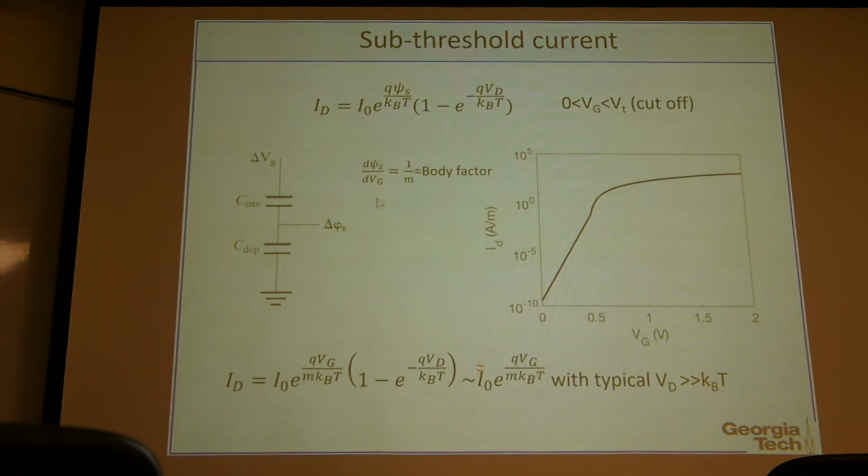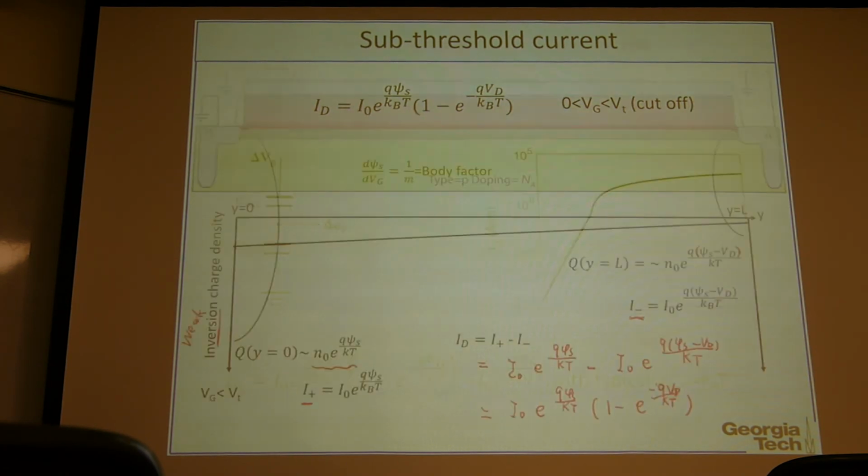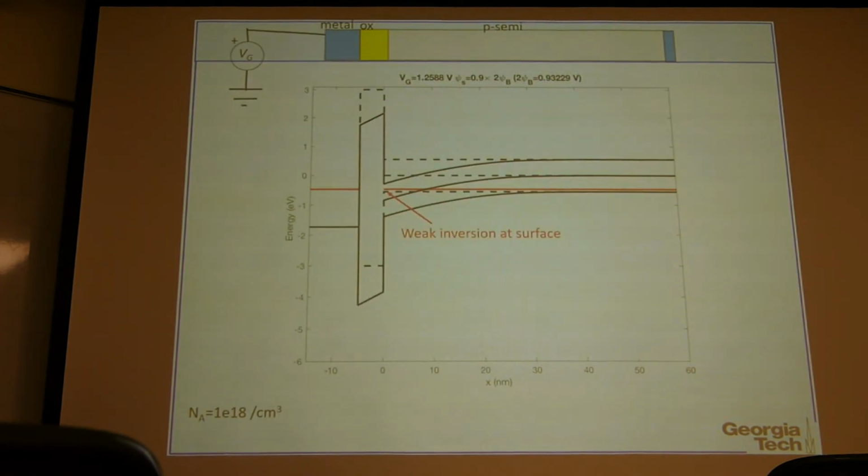Okay, so the phi s, if you recall, phi s is the bending of the band, but the gate voltage is what you applied here. And you have seen this before. The gate voltage actually drops on the oxide and then the phi s.